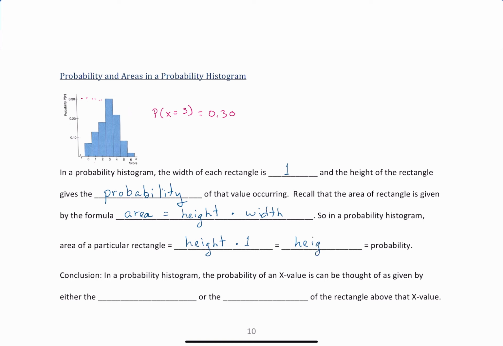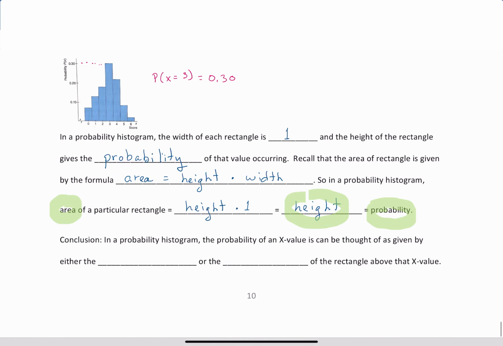Because height times 1 is just height. So what we want to notice here is that in a probability histogram, area is equal to height, which is equal to probability.